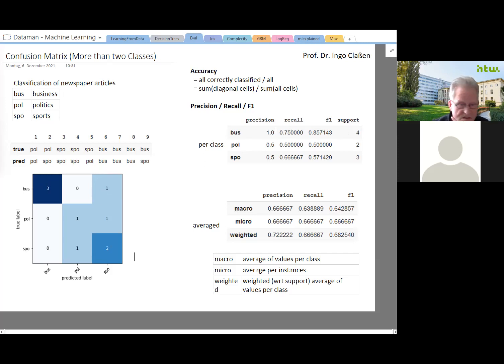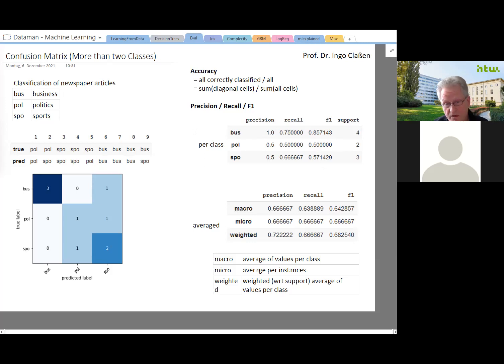The precision here is 1 because among all those that I have predicted as business, those 3, all of them are actually business. So the true positives with respect to all that I have predicted as business is the same. So I get a precision of 1, and therefore for the class business an F1 value of 85%, and so on.